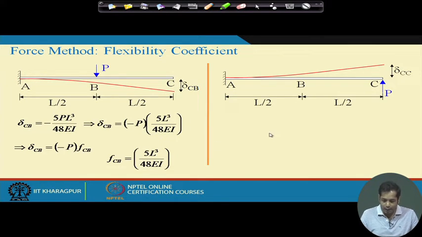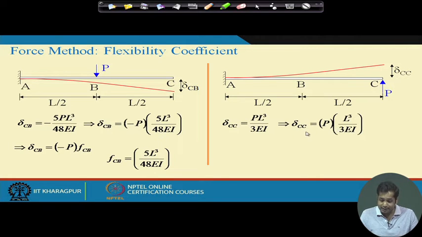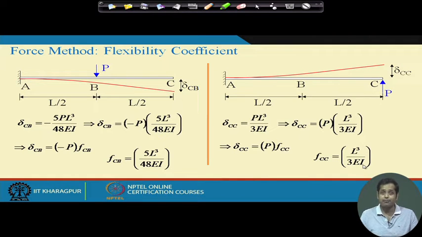Now, in this case delta CC is equal to PL cube by 3EI, as we have just seen. Writing it in a similar way, take P out and L cube by 3EI, and this delta CC can be written as P into FCC, where FCC is equal to L cube by 3EI.